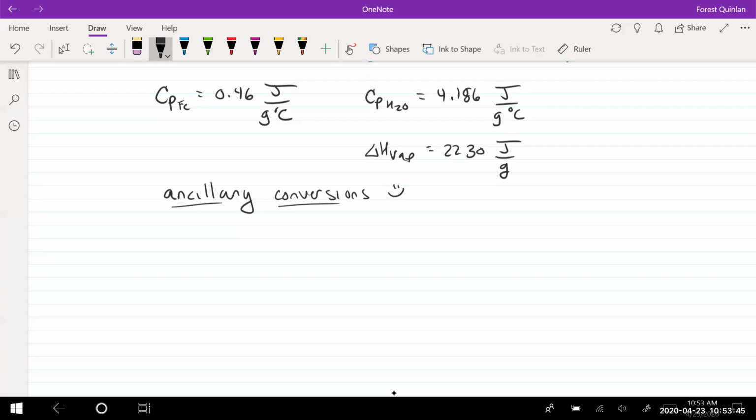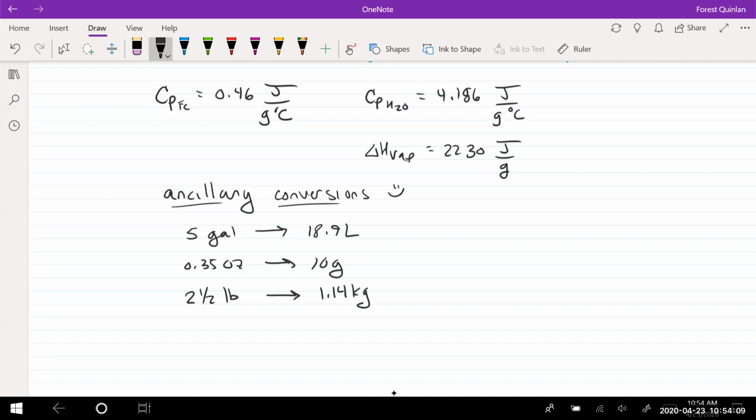Okay, so 5 gallons is nominally 18.9 liters. 0.35 ounces is essentially 10 grams. 2.5 pounds is 1.14 kilograms. 77 degrees Fahrenheit is 25 degrees Celsius.